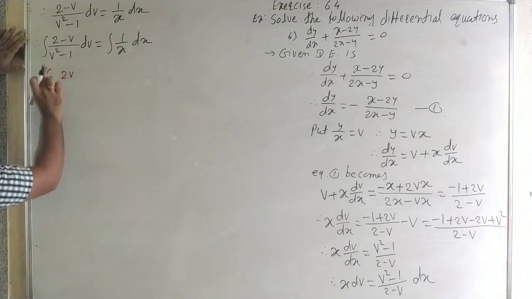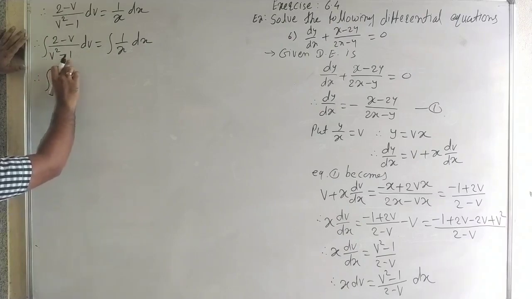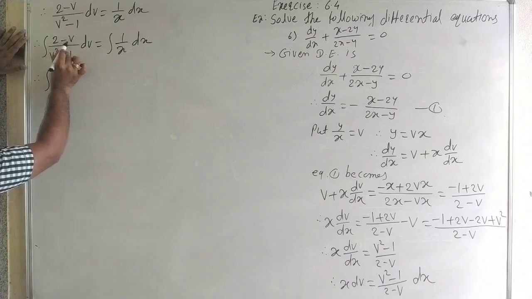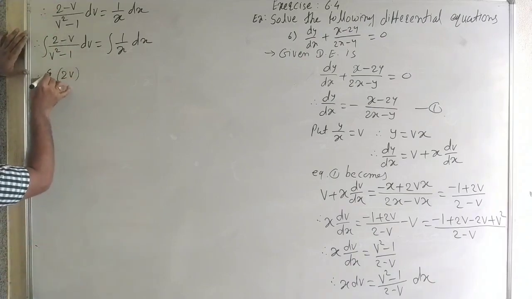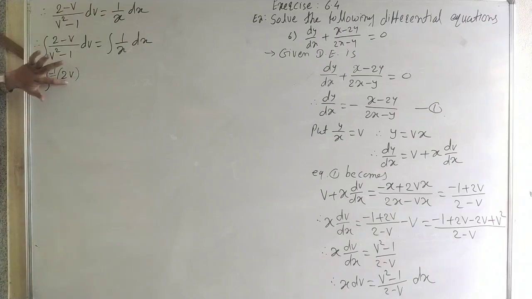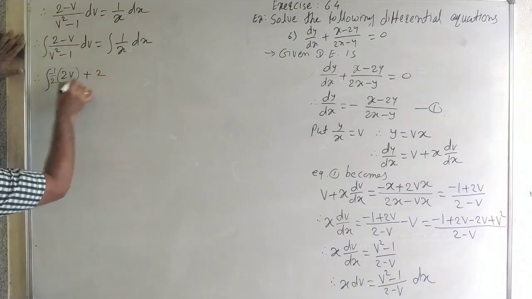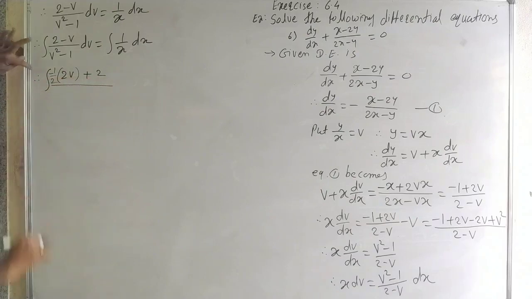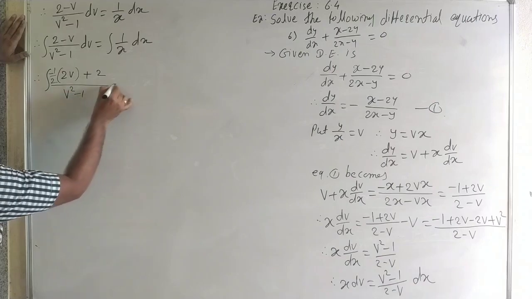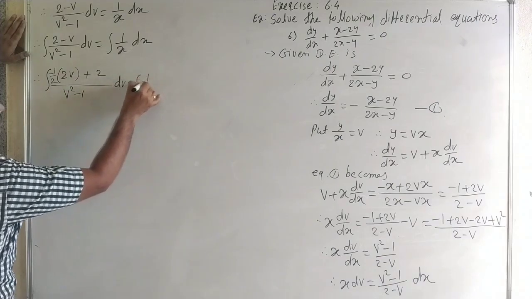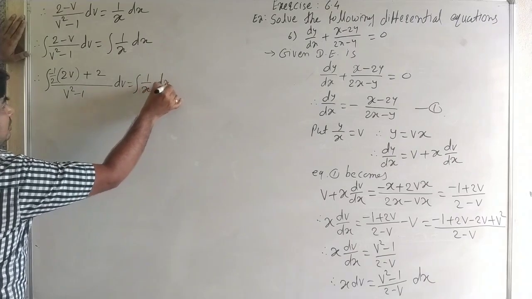Here we adjust the derivative of v square minus 1, it is 2v, but in the numerator there is a minus v, so we multiply this minus 1 by 2. It is adjustment. Here it is minus v, now remaining it is plus 2. Now when we take the calculation of this term, we get 2 minus v. Okay, here see carefully this, and then v square minus 1 dv is equal to integral of 1 by x dx.